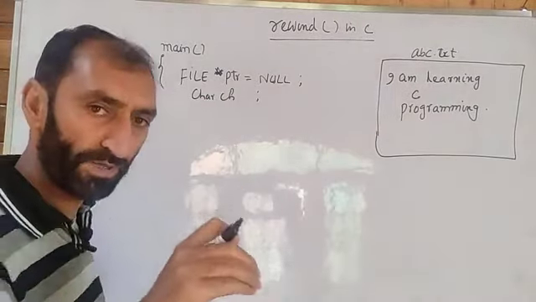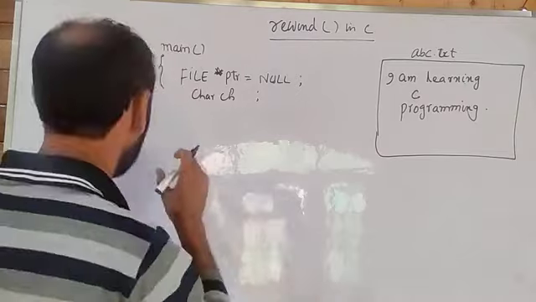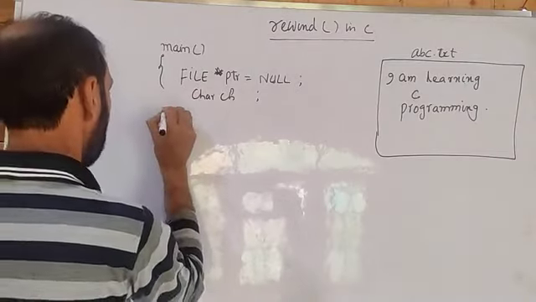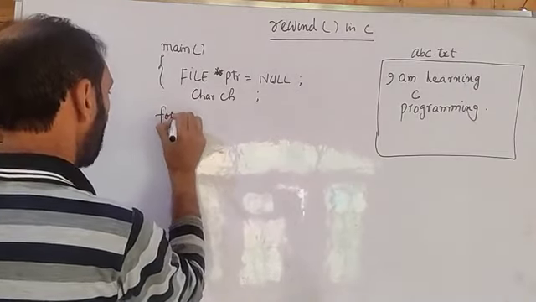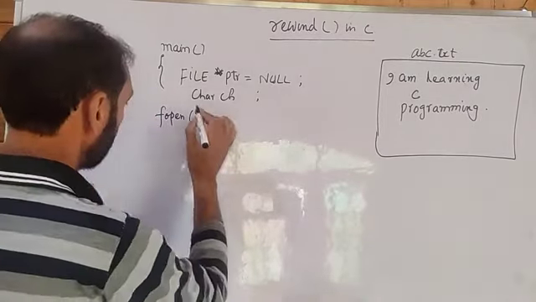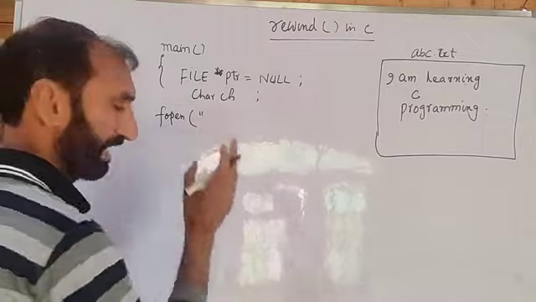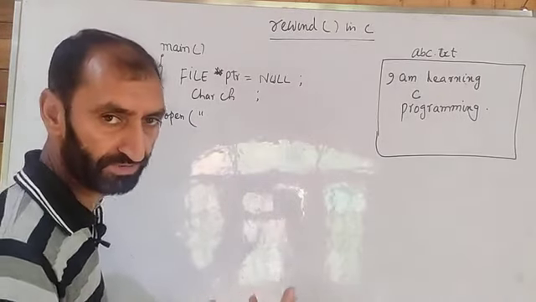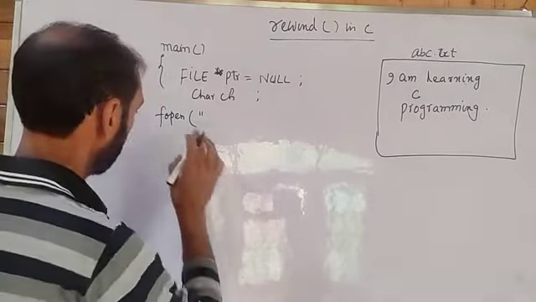In order to perform any operation on the file, we have to open it first. fopen is the function used to open a file. It takes two arguments, which we have already discussed many times in previous videos.